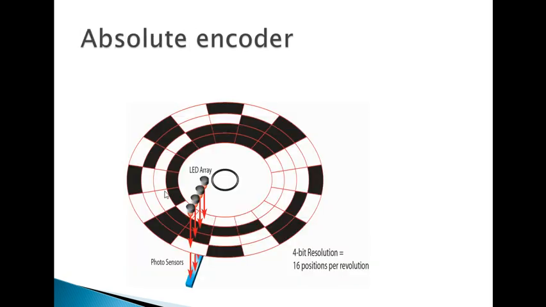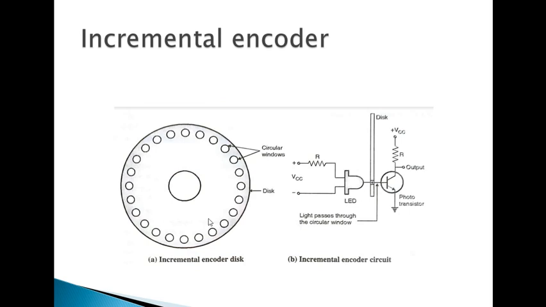This disk has some circular windows, or holes, which rotate as the shaft rotates. On the left side an LED, a light emitting diode, is used, and on the right side a photo transistor is used.